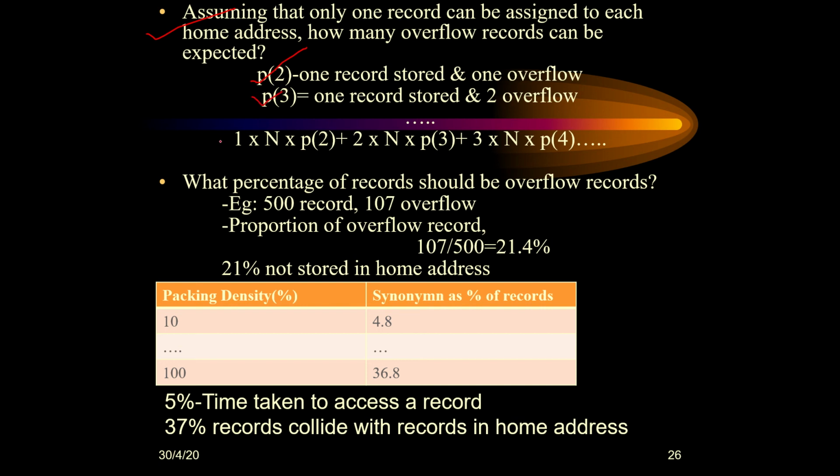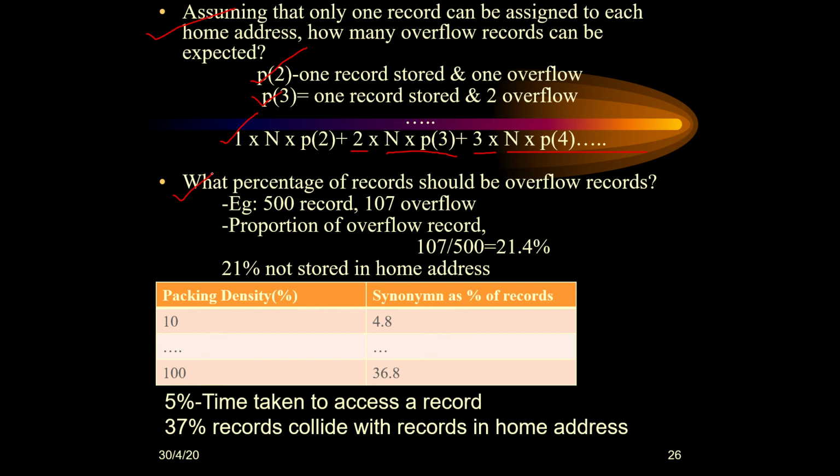For finding that, we can have a formula like 1 collision into number of addresses into P of 2, plus 2 into number of addresses into P of 3. In the sense, 1 collision for the number of addresses with P of 2, then 2 collisions for the number of addresses with P of 3. This is how the formula goes for finding the number of overflows.